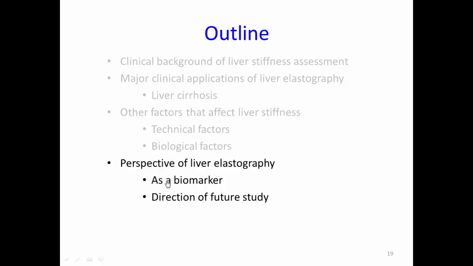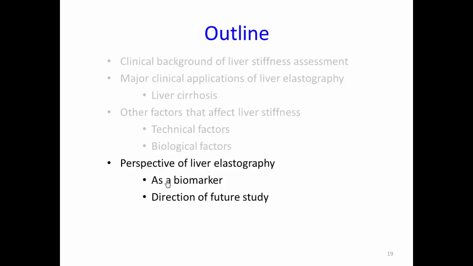So in addition to liver fibrosis, many other factors may actually affect the liver stiffness, but many of these factors result in increased liver stiffness. So instead of assessment of liver fibrosis, actually liver stiffness is probably another biomarker for assessment of the liver disease, because a stiffer liver always means there is something wrong in the liver or something wrong that may affect the liver function.